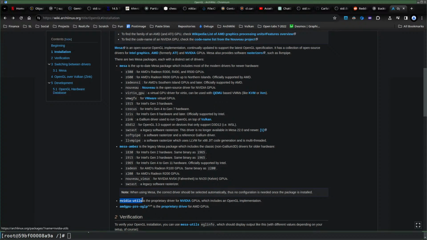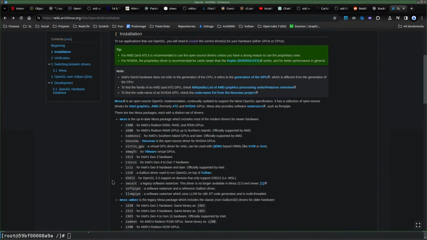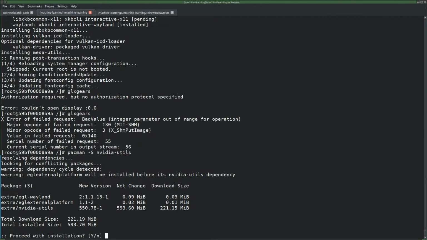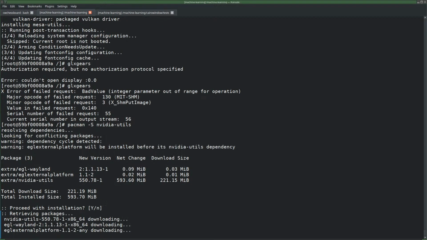I can hardly believe that NVIDIA utils is going to be dragging everything. But maybe it does. Pacman minus S, NVIDIA utils, dragging in. Nope. Install it anyway.